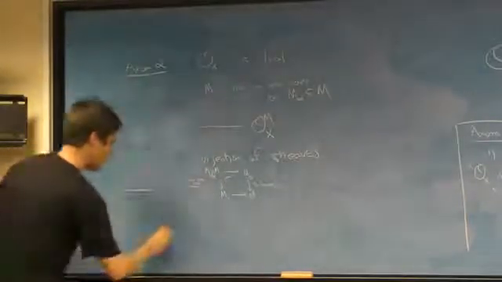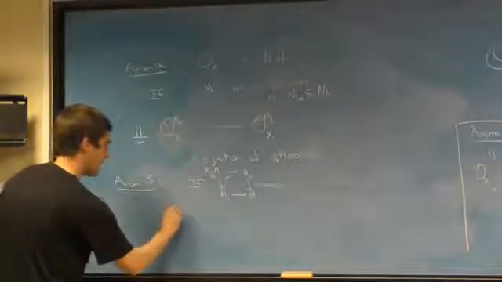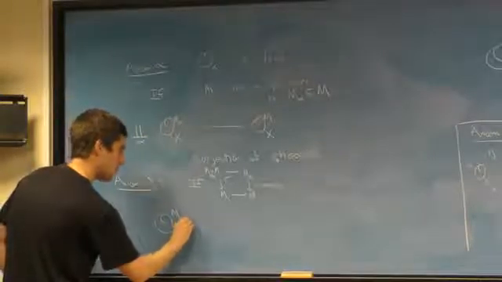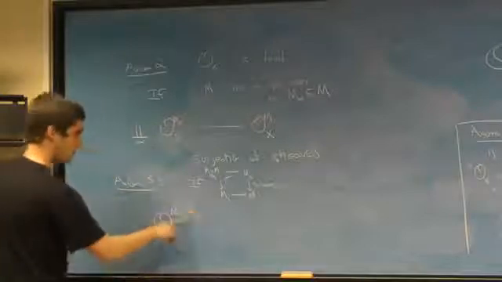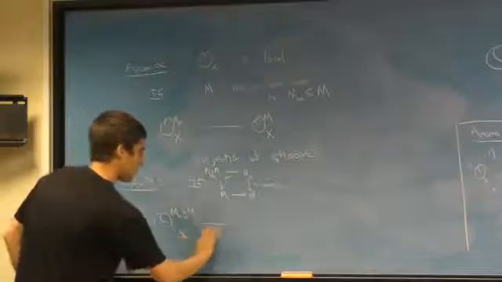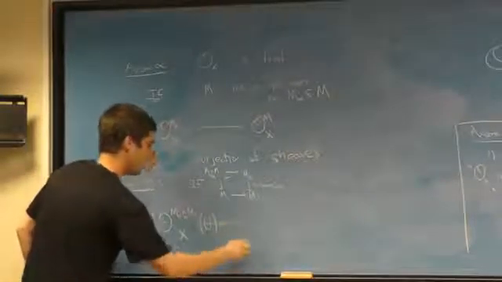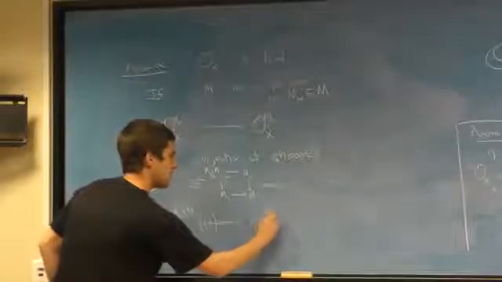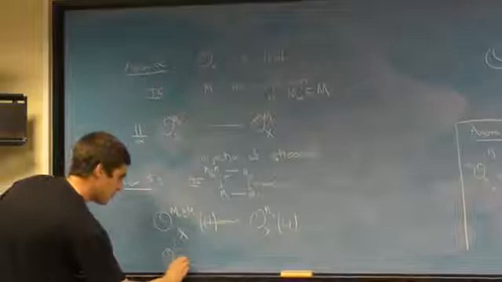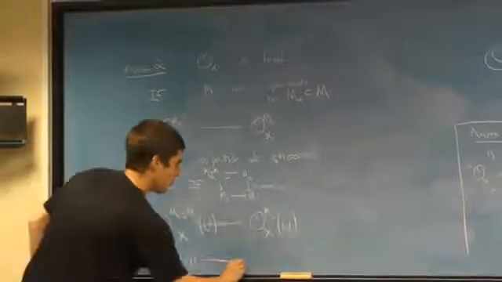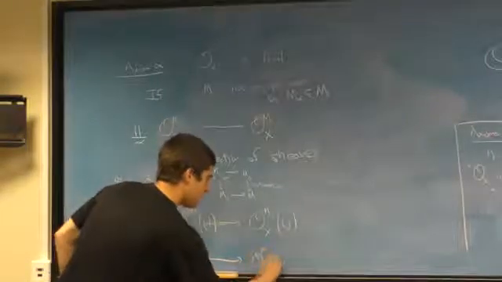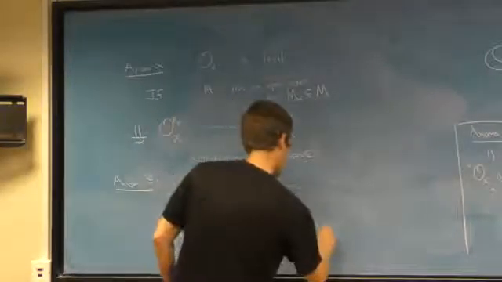So if you're in this situation, you have a map from OX of M0 cross over M with M1, evaluated on any U, mapping to OX M0 evaluated on U, and U maps to OX of M of U, and then you demand that this is a homotopy pullback square.